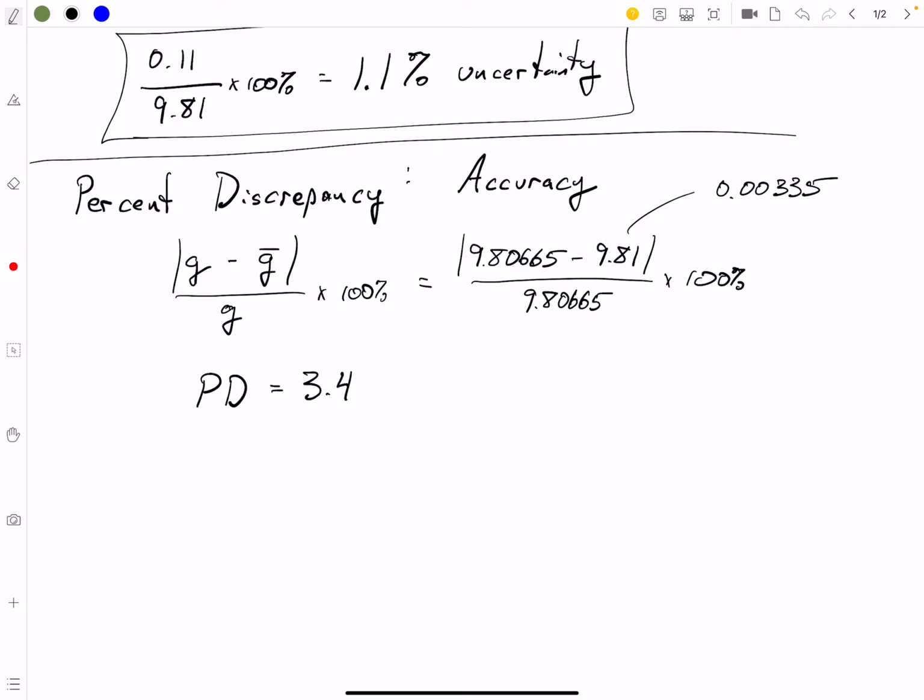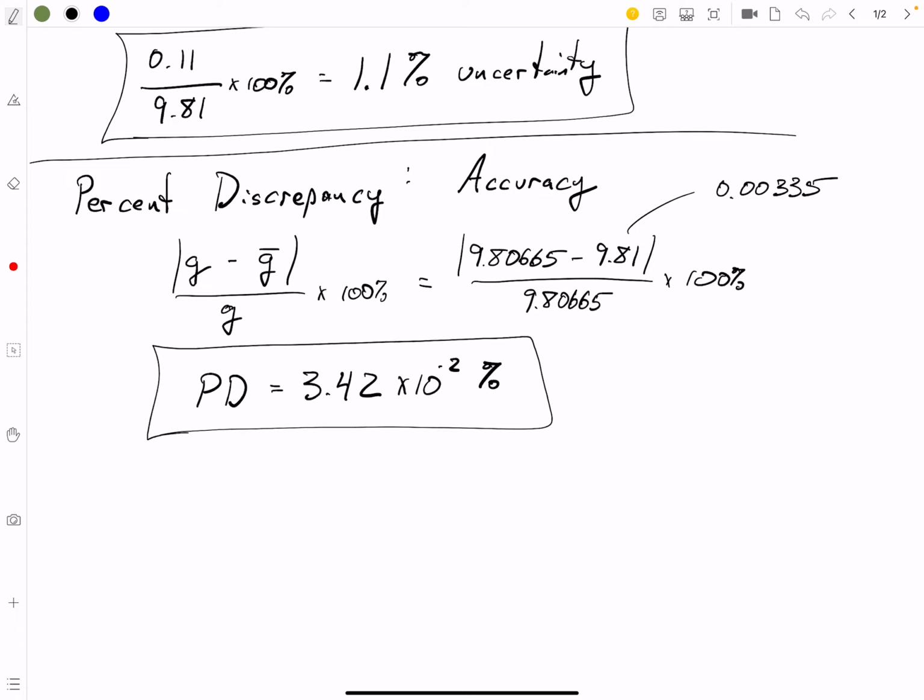I'm going to round up to 3.42 times 10 to the minus 2 percent. So we are not far off at all, very, very close with our 9.81 measurement. Good for us. Excellent job by us, right?